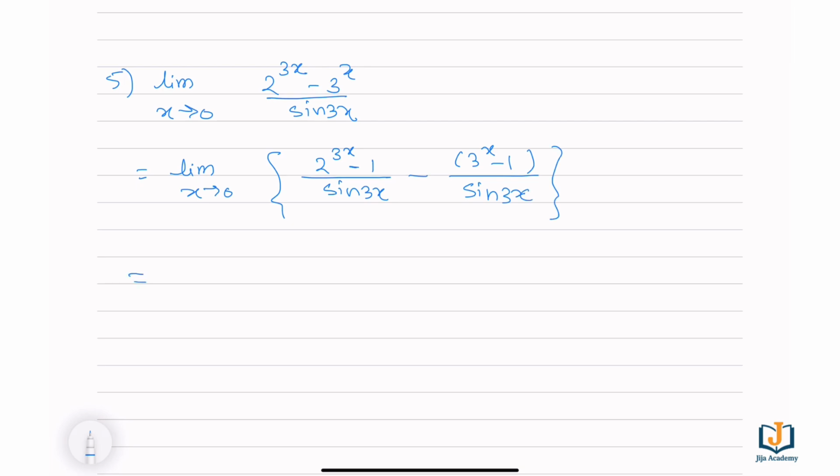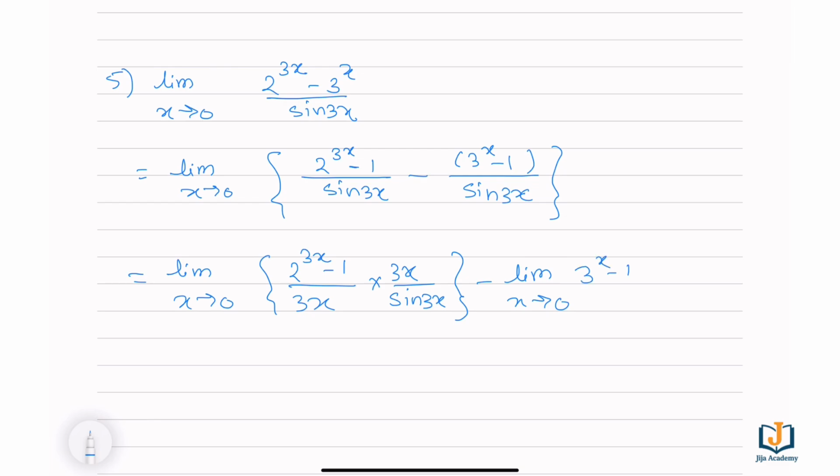So here limit x tends to 0, (2 to the power 3x minus 1) upon x into 3x upon sine 3x, and minus limit x tends to 0, (3 to the power x minus 1) upon x into 3x upon sine 3x, and here is a 1 upon 3.